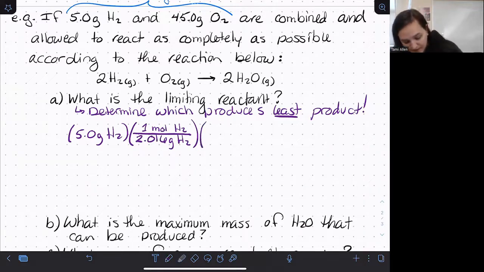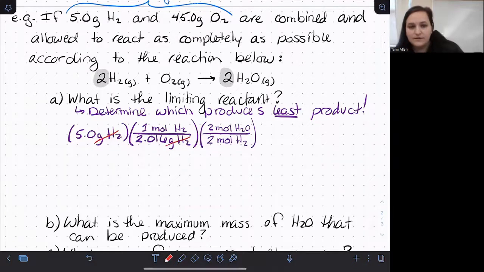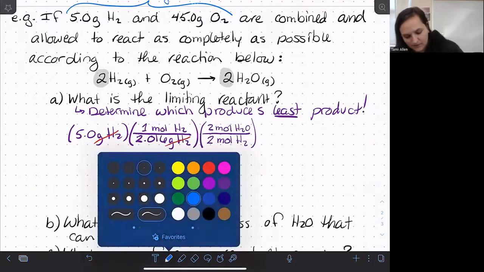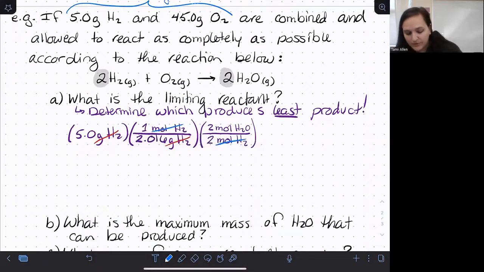And we can see from our chemical reaction that 2 moles of hydrogen reacts to produce 2 moles of water. So we have grams of H2 canceling grams of H2. We have moles of H2 canceling moles of H2. And that leaves us in units of moles of water, which is what we are interested in.